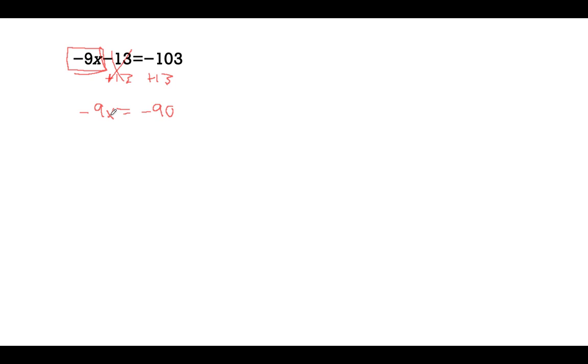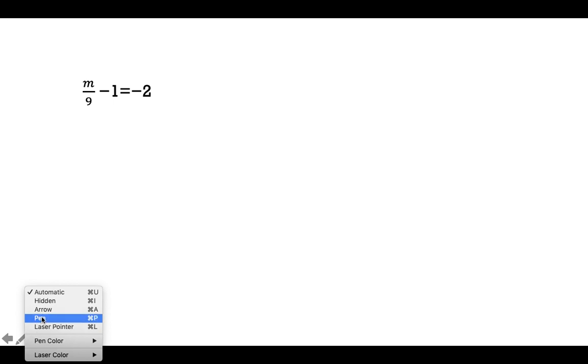Now there's no other terms with the variable, so we can just divide. So we got to do the opposite of times by negative 9, so you divide by negative 9. Here that cancels, so you get x equals, negative 9 goes into negative 90 10 times. So that would be our answer.